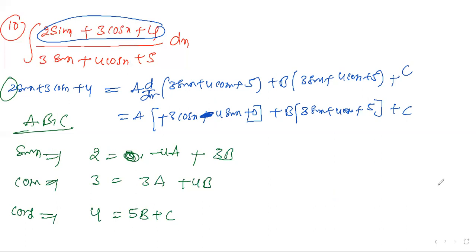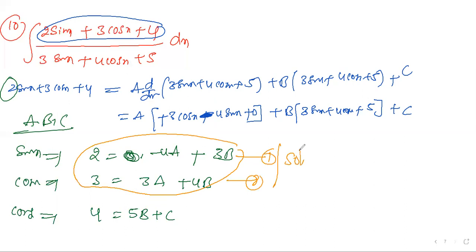The agenda is that from this you can do it simply. Just take these two first of all, equation number 1 and equation number 2, and solve on your own. Take the same agenda you applied previously. Then you'll get 4A plus 3B.